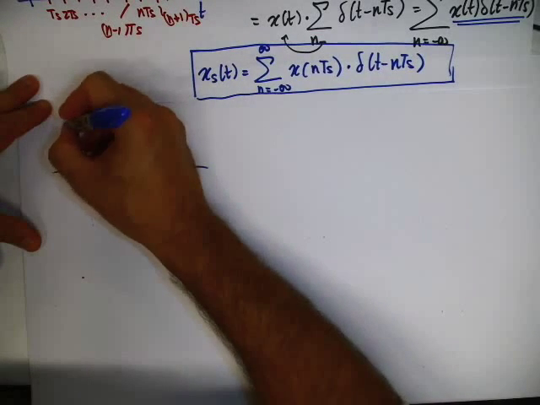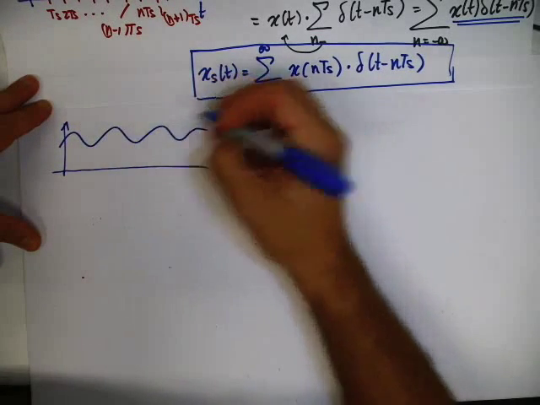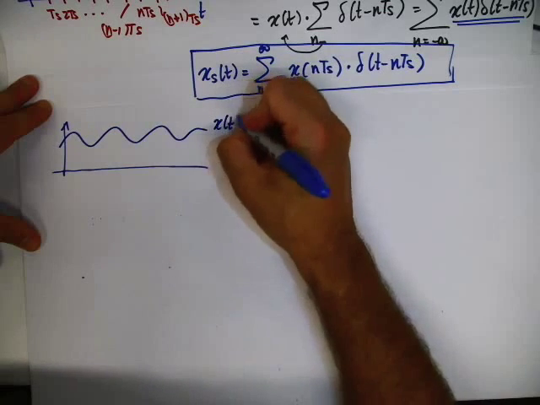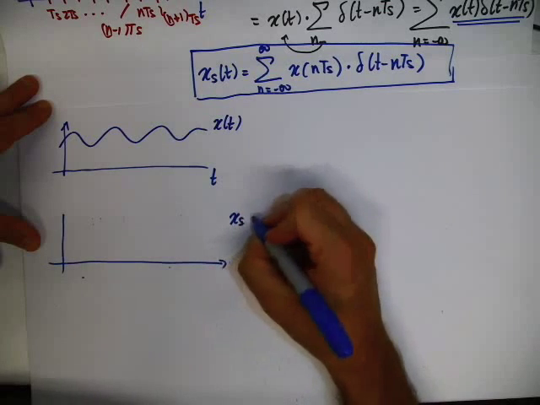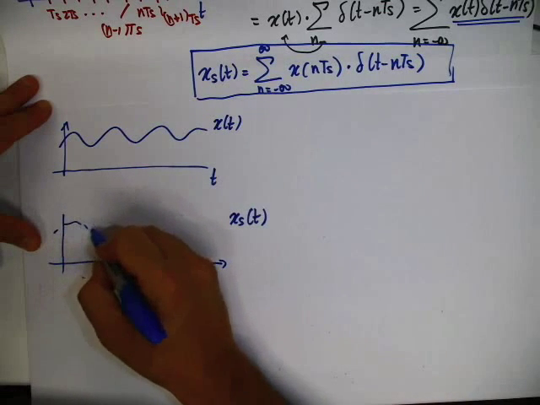So we have the continuous signal x of t. Here we have the discretized signal x sub s of t.